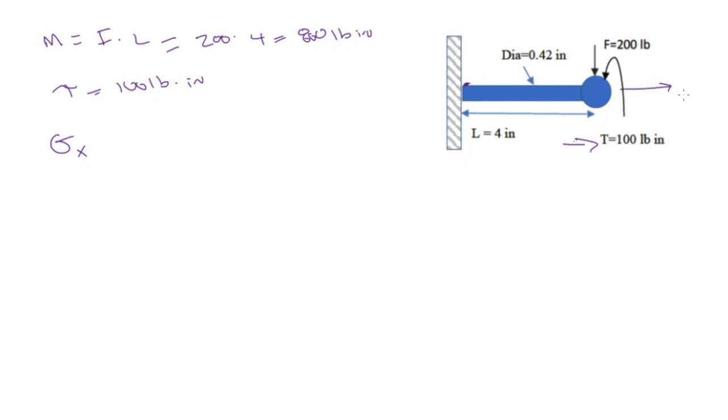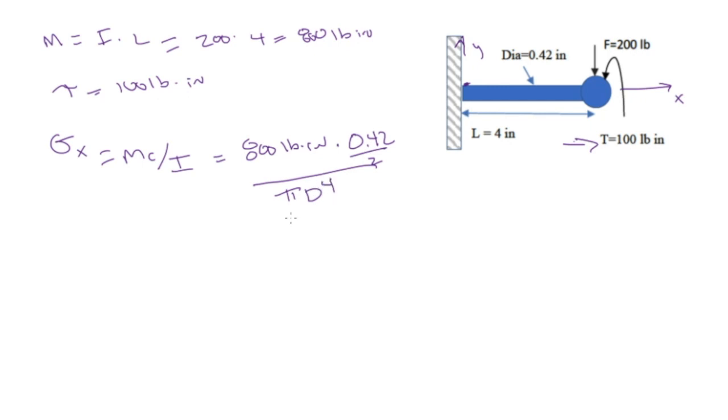We're going to designate this as the x direction and this is the y direction, is Mc over I. Found our moment. C is going to be related to our diameter. This is a round cross section, so C is our diameter divided by 2. And then I is pi d to the 4th divided by 64.